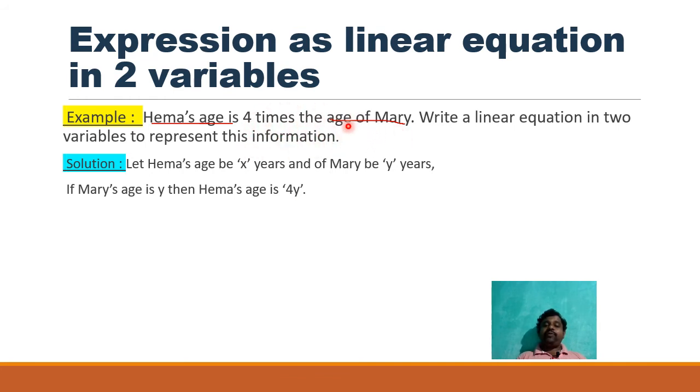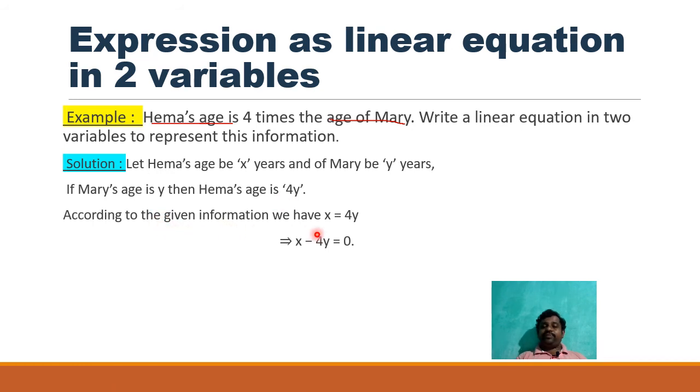For example, if Mary's age is 10, Hema's age is 4 times Mary's, that is 40. If Mary's age is 5, Hema's age is 4 fives, 20. So if Mary's age is Y, then Hema's age is 4Y.